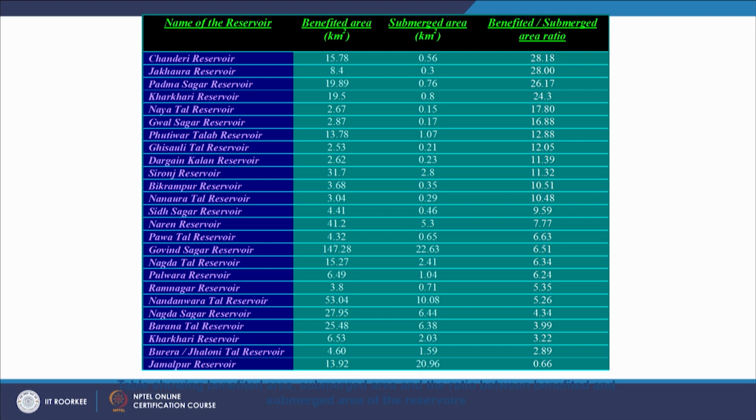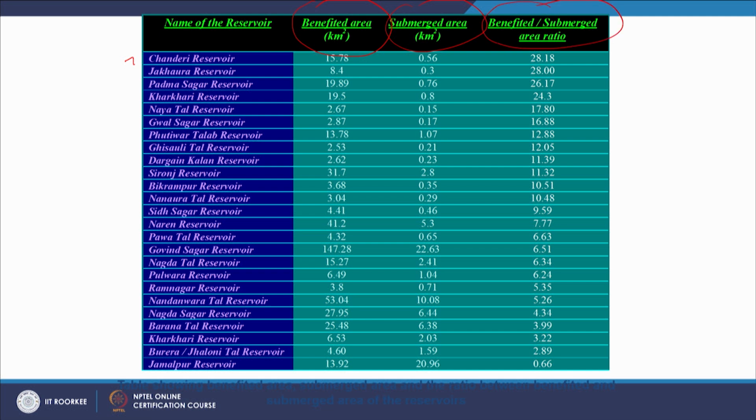There are about 25 or 28 reservoirs which you are seeing here. Based on satellite images, a benefited area has been identified for each reservoir, given in the first column. Then the submerged area was also estimated using satellite images, and then a ratio was developed.